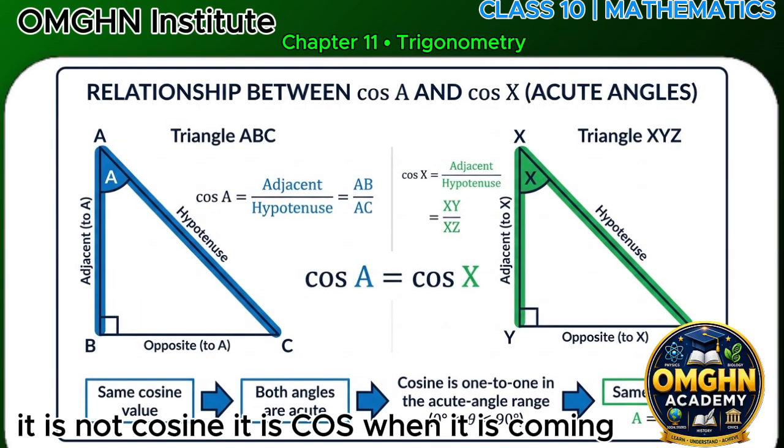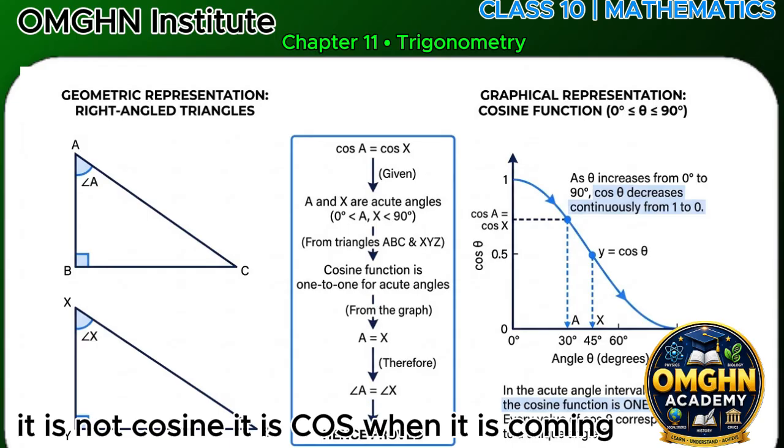For acute angles, cosine is a one-to-one function. That means two acute angles cannot have the same cosine value unless the angles themselves are equal. Therefore, since cosine A is equal to cosine X, we can conclude that angle A is equal to angle X.